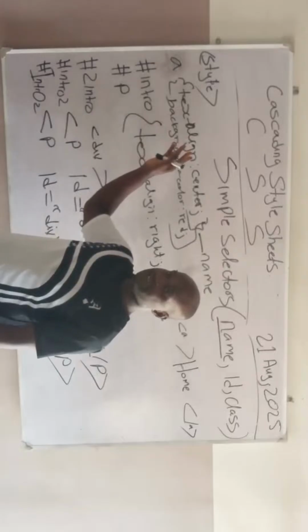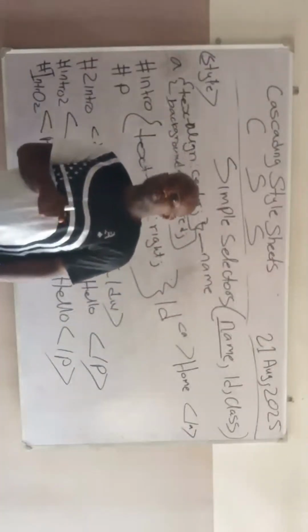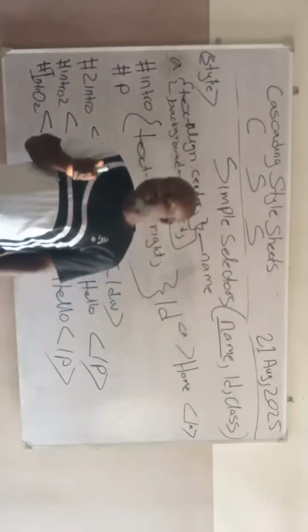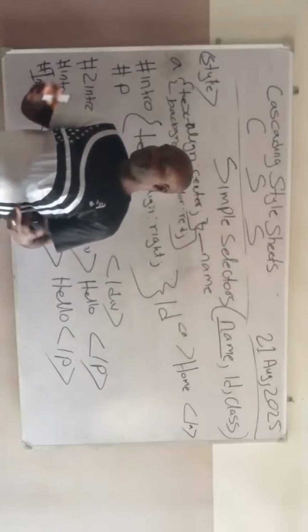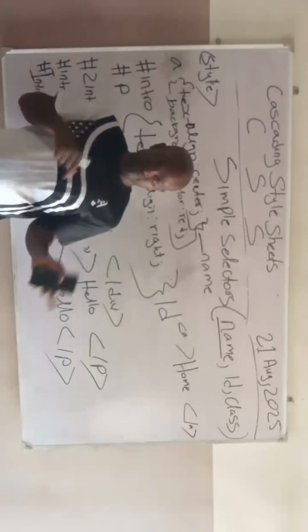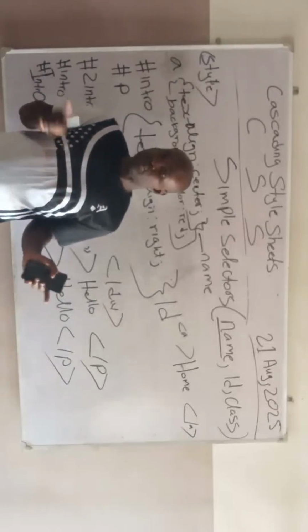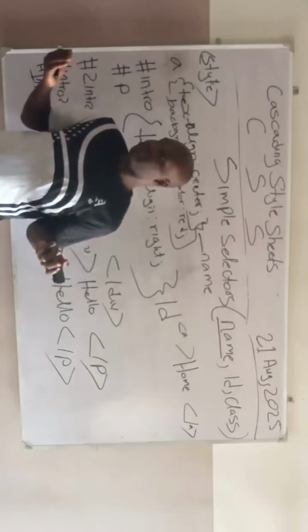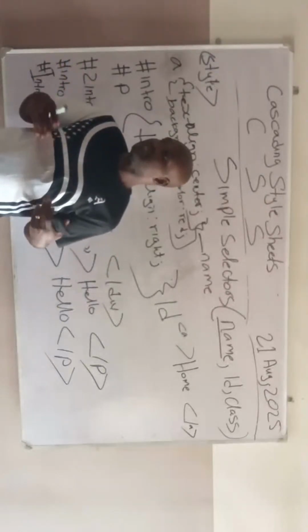You understand that? Once you want to target a particular element, you must give that particular element an ID. Just like in your school, even though you have your names, you still have your reg number. Your reg number is your ID. Two persons cannot have the same reg number, but you can be 20 in class and have the same name.